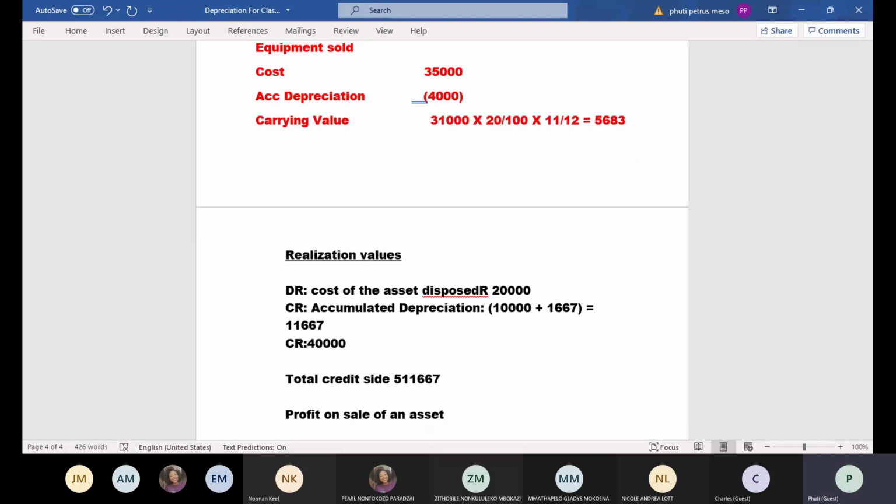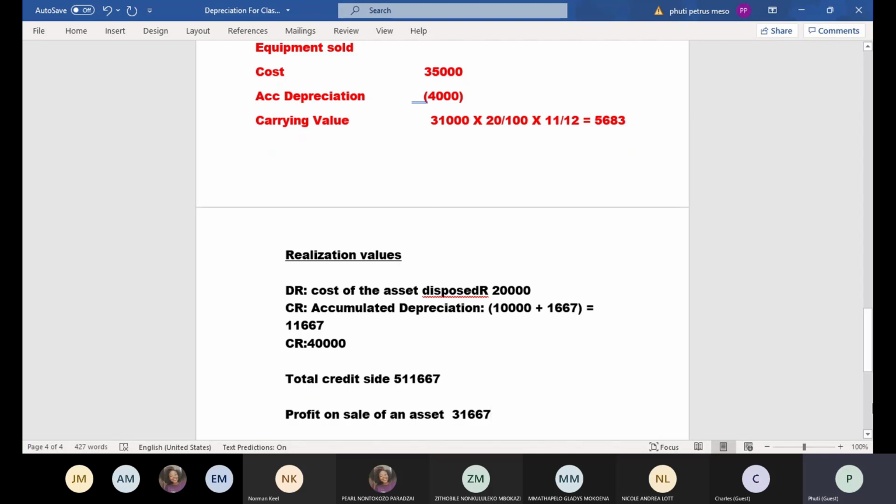I think it's about 31,667. 31,667 Rand. So this profit on sale of an asset, which is the vehicle, is going to be transferred to your profit and loss account statement, and then it's going to be part of your additional income.